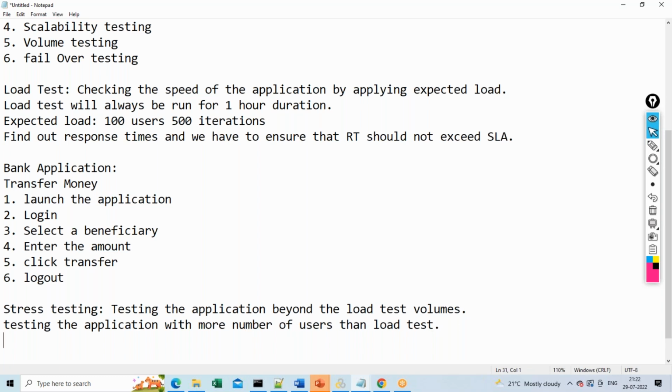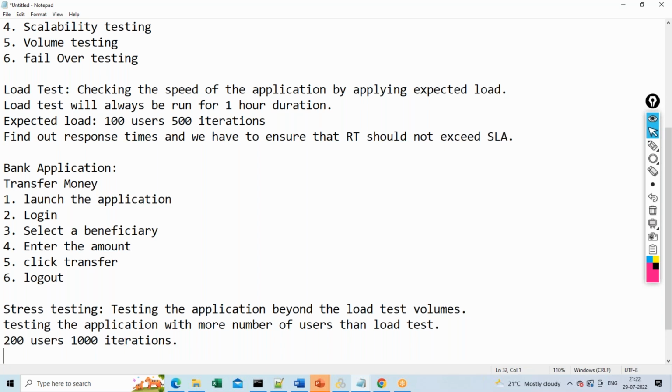If we are load testing with 100 users, 500 iterations, probably we can stress the application by increasing the load, let's say 200 users and 1000 iterations. That means we are stressing the application beyond the load test.